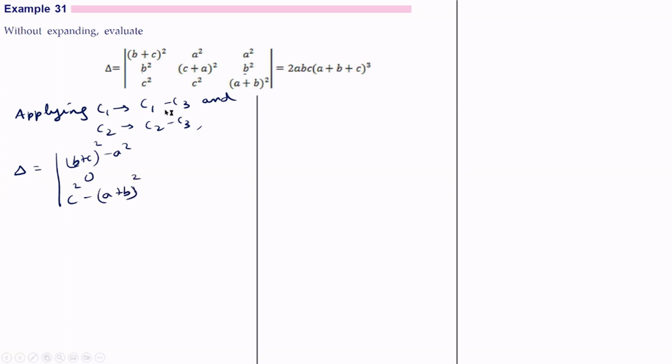And here C2 changing to C2 minus C3, a square minus a square will be 0. And here we will have c plus a the whole square minus b square. And here c square minus a plus b the whole square. The third column remains the same.